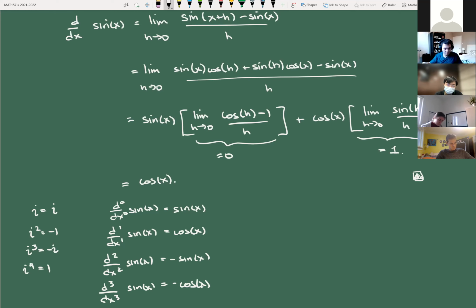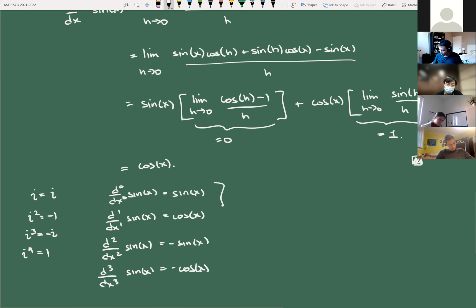And then it repeats, right? So notice that we have exactly the same pattern as what's happening with i, where it takes us 4 derivatives to get back to sine. In between, we jump between sine, cosine, negative sine, and negative cosine. That's exactly what we did with the imaginary number i, where we would jump between i, -1, -i, and 1. And this is not a coincidence.